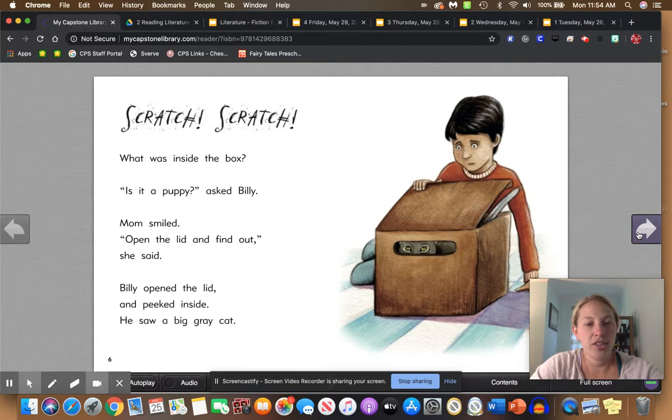Scratch, scratch. What was inside the box? "Is it a puppy?" asked Billy. Mom smiled. "Open the lid and find out," she said. Billy opened the lid and peeked inside. He saw a big gray cat.